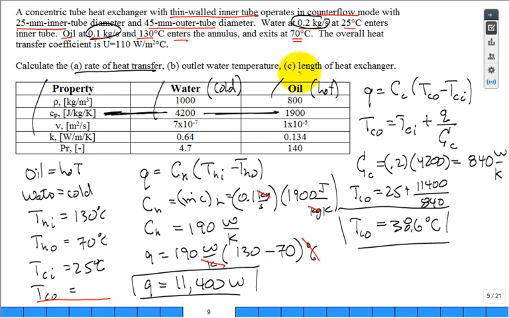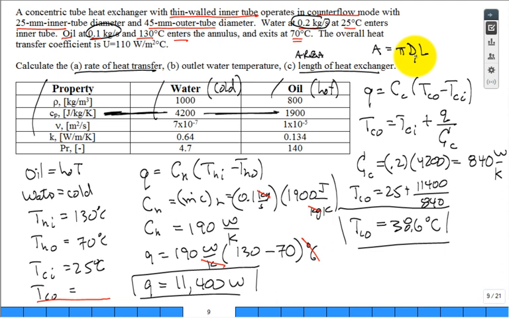So what is the length of that heat exchanger? Well, you think, really they're asking you about the area. Because isn't the area of the heat exchanger equal to pi d l? What's d? The inner diameter? So how am I going to find how big it is in order to achieve that heat transfer?